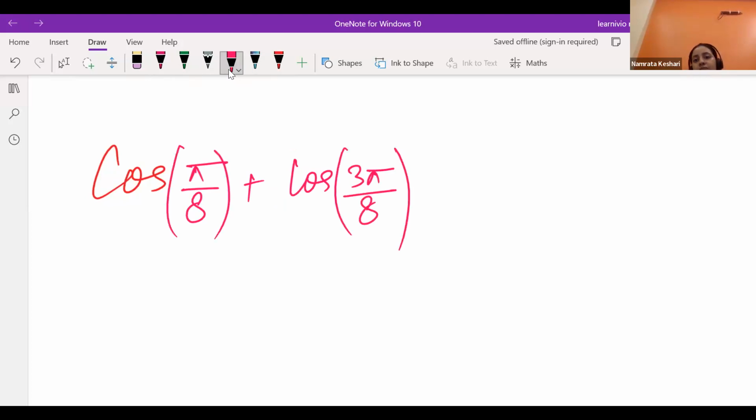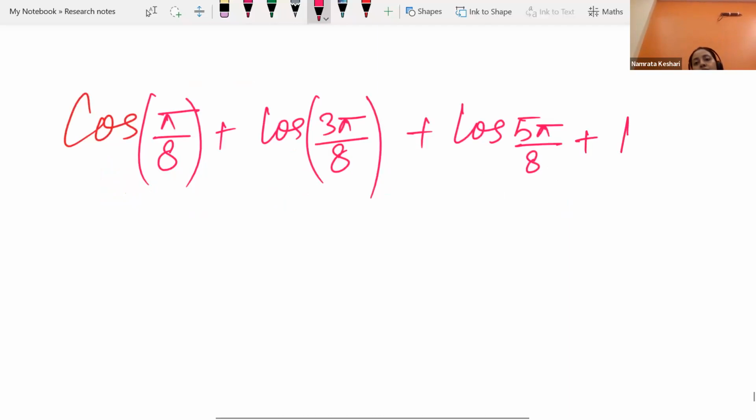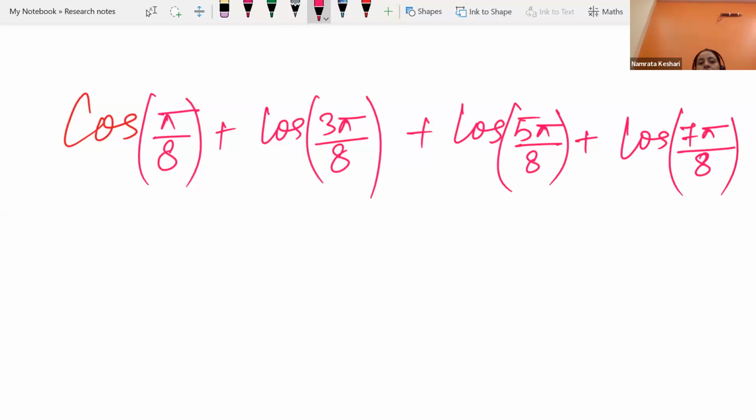Plus cos 5 pi by 8, plus cos 7 pi by 8. Ma'am, both in bracket, 5 pi by 8 and 7 pi by 8. Okay. We have to find what it's equal to.